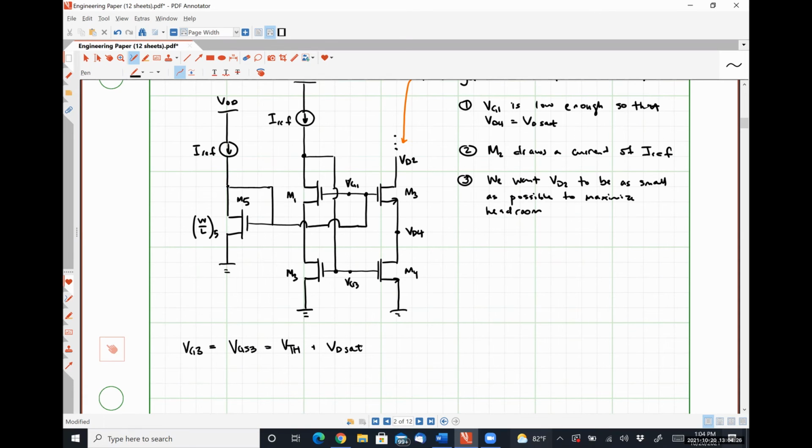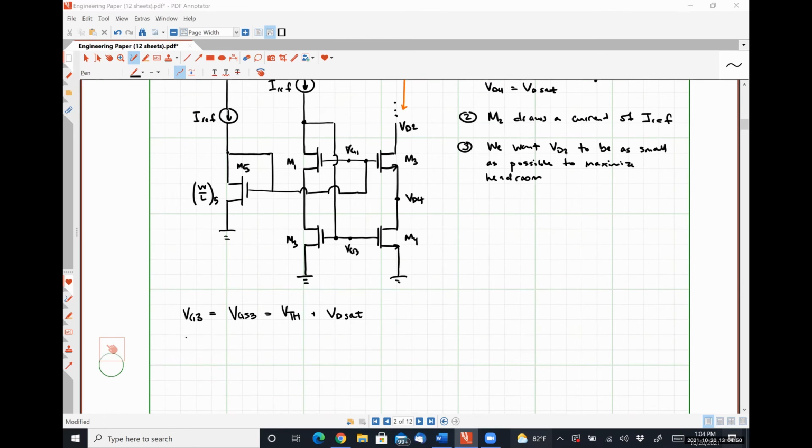We should see that transistor M3 still carries that current of IREF. M1 is going to carry it as well, but that's where things are going to get a little bit wonky as to figuring out how exactly this guy works, okay? So to make VD4 equal to VDSAT, let me write this down.